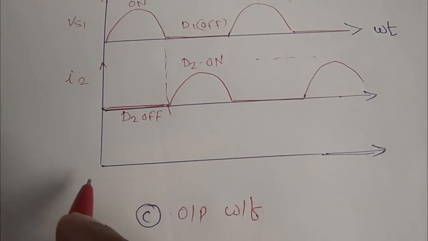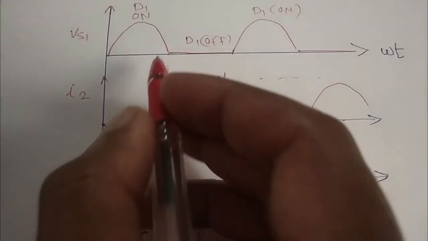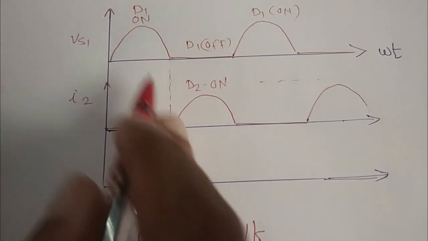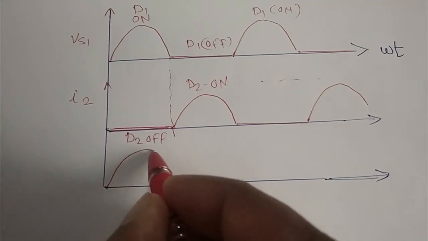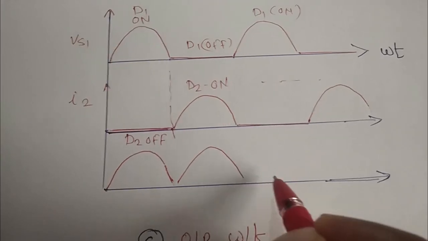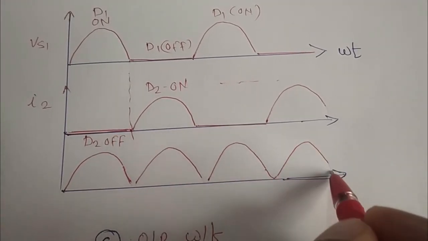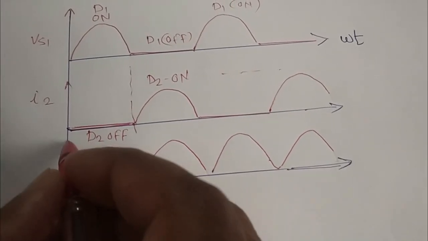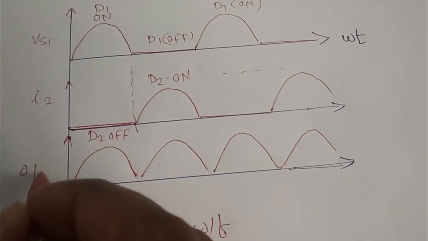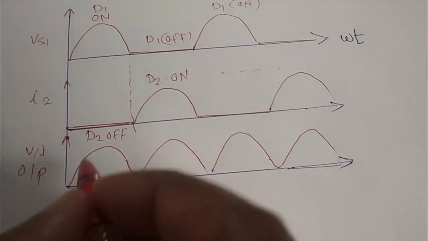If we check the total overall output at the load, it will be a combined effect. So the first waveform we get is due to D1 on, then D2 on, then D1 on, then again D2 on. This will be the final output for voltage and current.